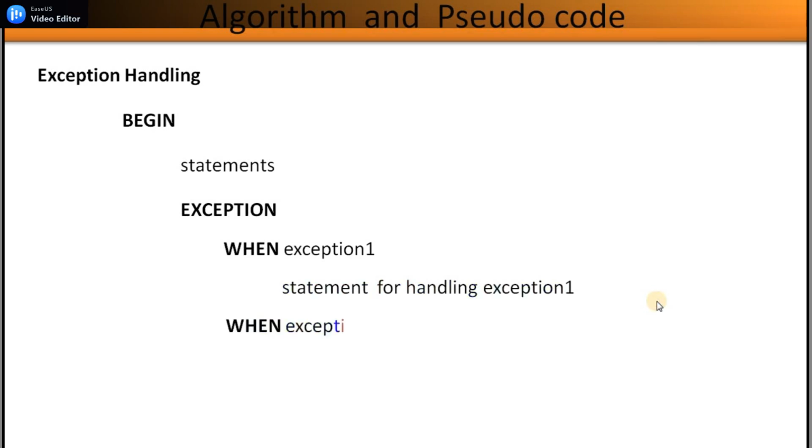When another exception is raised, another statement for handling exception 2. Now close the begin block with end. Here note the indentation and hierarchy, because these are the rules in writing pseudocode. Whenever multi-line statements are there, there should be an end statement and one statement per line. Indentation is a must.